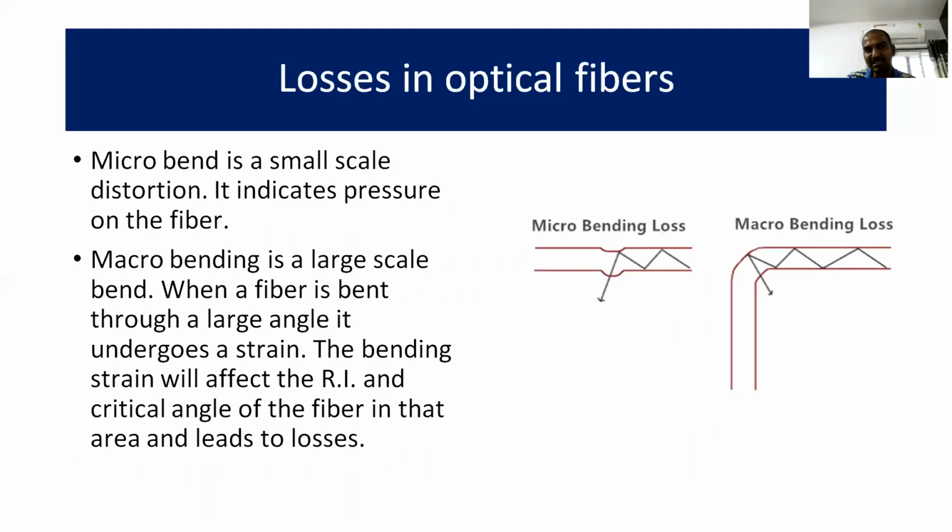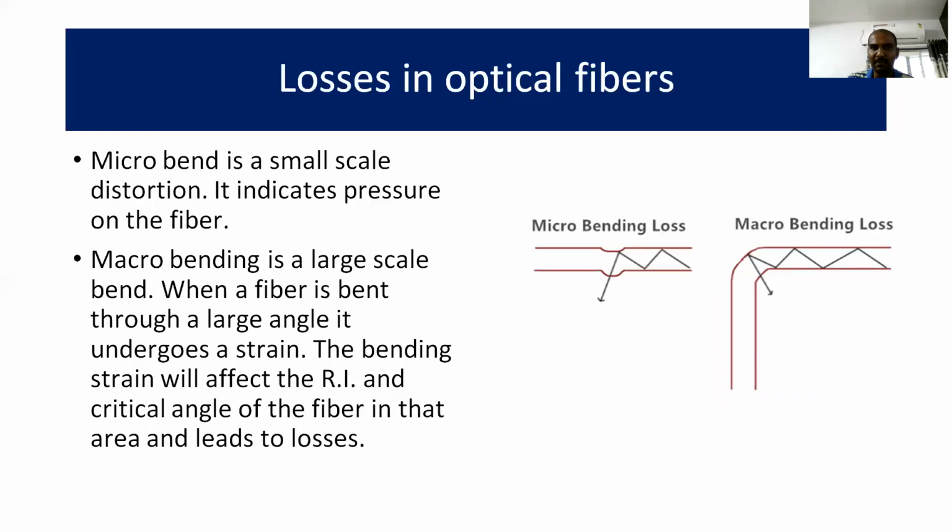Another type of loss is microbend and macrobend. Microbend is a small scale distortion, so this is due to a change of shape. Change of shape leads to distortion. So here the distortion losses are microbend distortion and macrobend distortion. Microbend is a small scale distortion. It indicates pressure on the optical fiber. We can see such a small bend on the left hand side of this diagram.